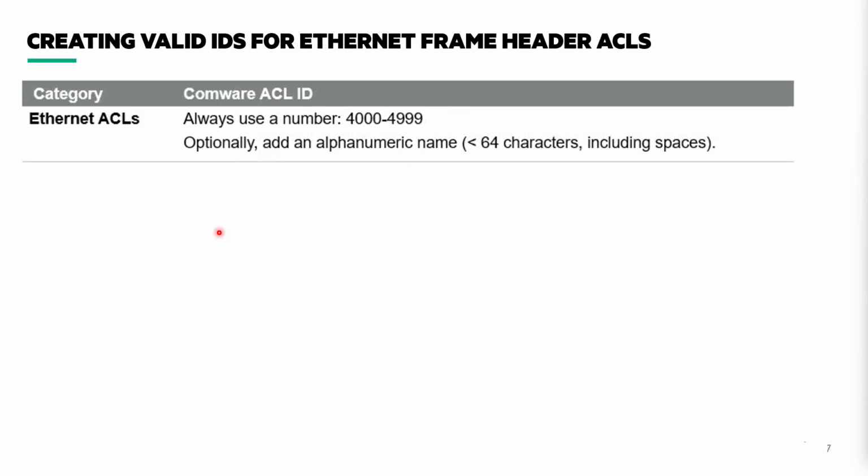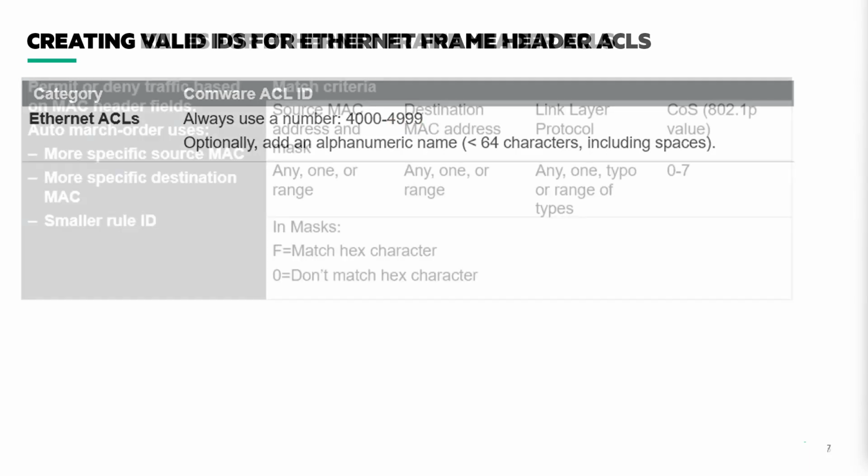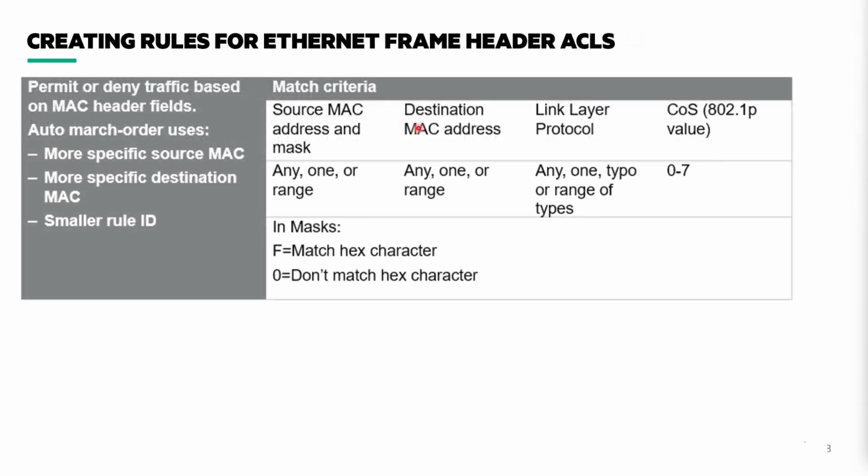The third type of access control list is also called MAC-based or Ethernet frame header ACL. The range will be between 4000 and 4099. Again, the match criteria is like an advanced access control list, but for MAC. We have source, destination, protocol, and we have flexibility.